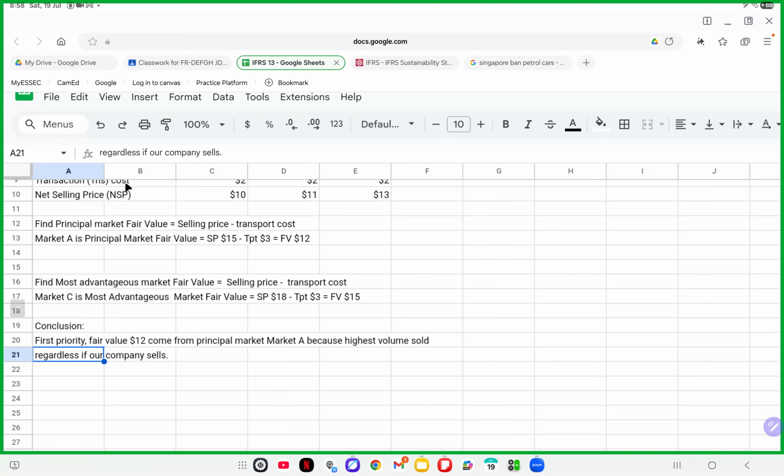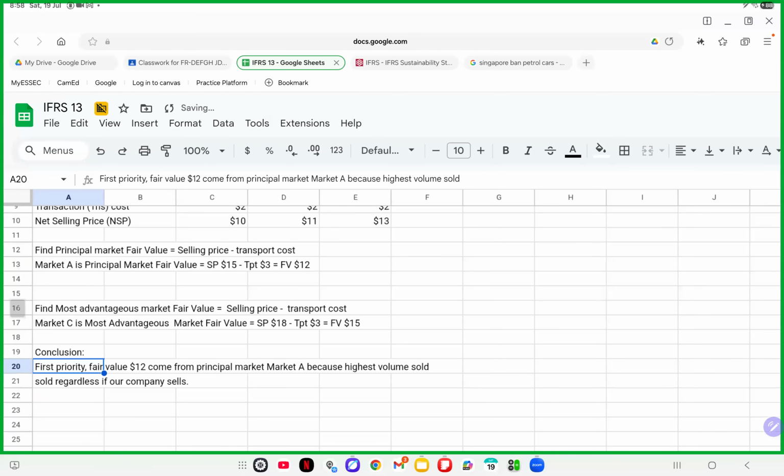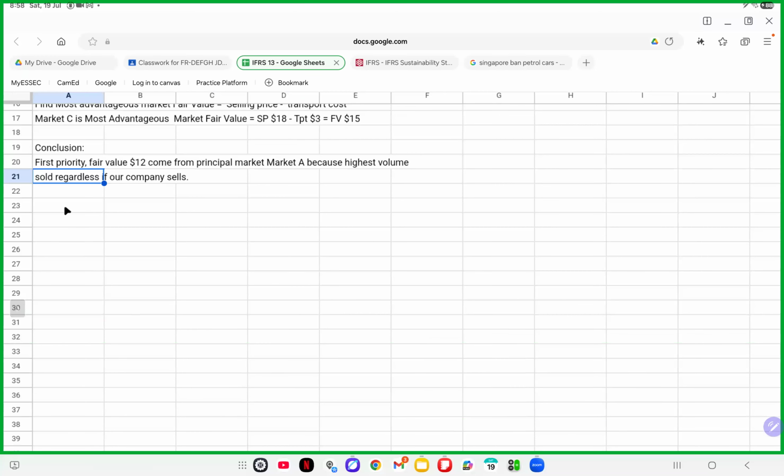Okay? Then in absence of the principal market, the fair value shall come from fair value $15.